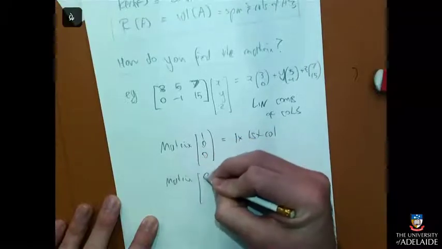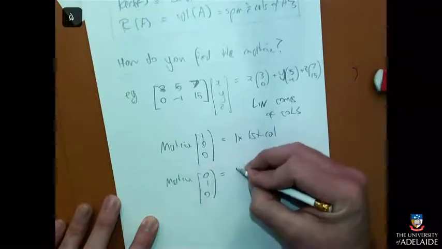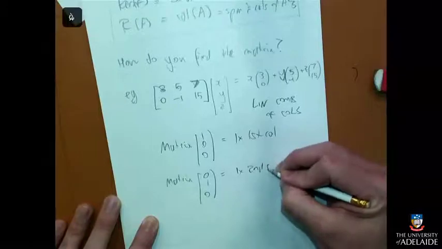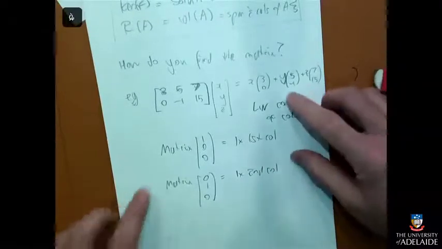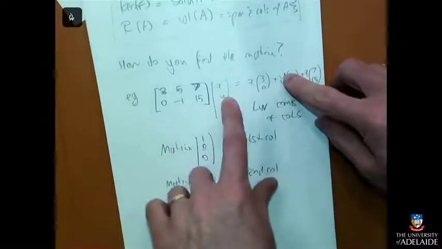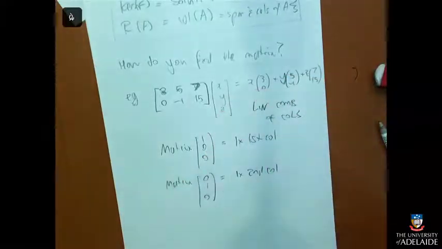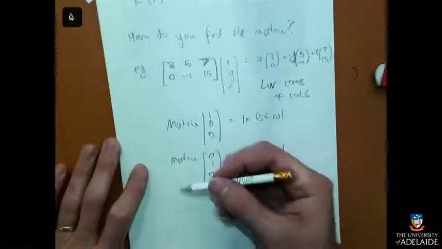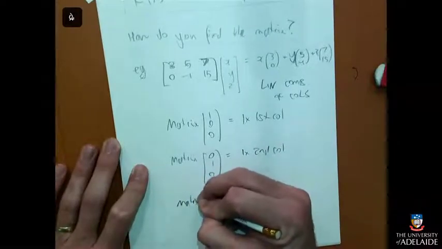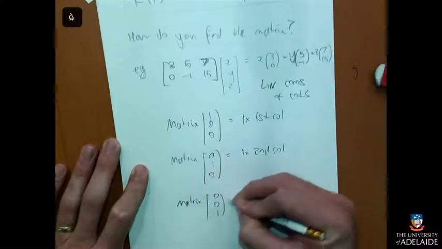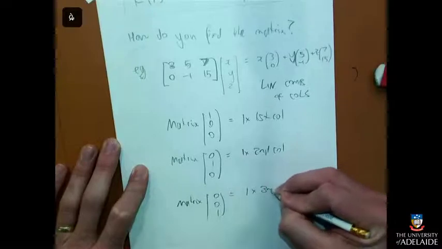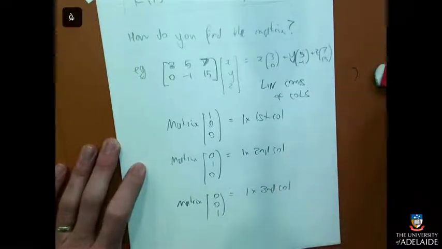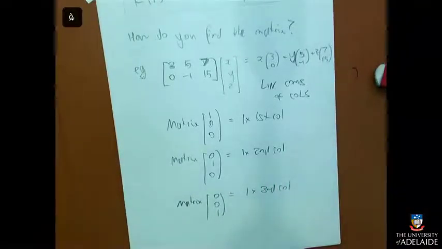If I have matrix times 0, 1, 0, it should be 1 times the second column. Because if I want this second column, I can put a 1 where the y is and 0 where the x and z is, and it will give me the second column. And if I have matrix times 0, 0, 1, this should give me 1 times the third column. So that's the magic trick.